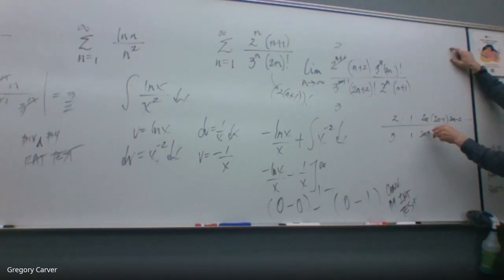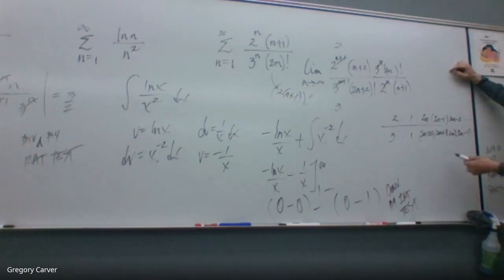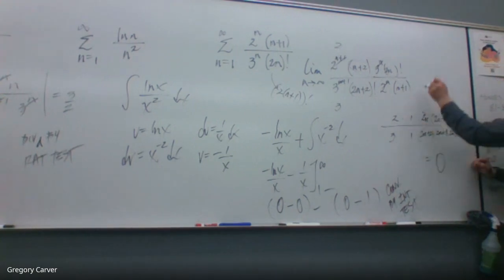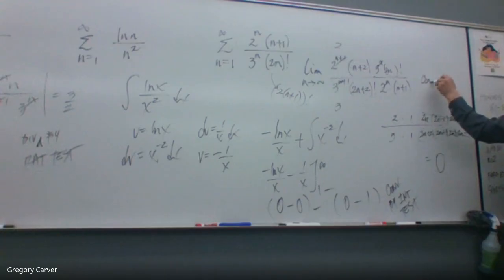This is going to be 2n plus 2, 2n plus 1, 2n minus 1. So this cancels from here on down. Definitely bottom heavy. This is going to 0. Do you guys agree? Which indicates what? Convergence. In fact, this converges by the ratio test.